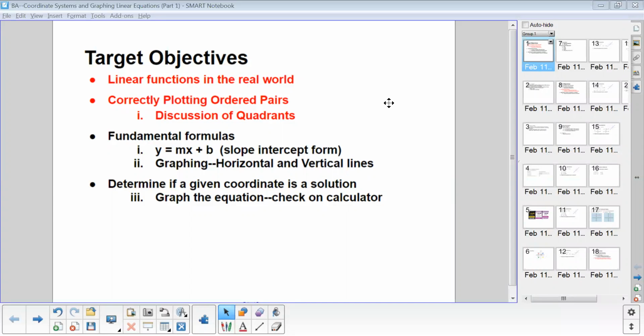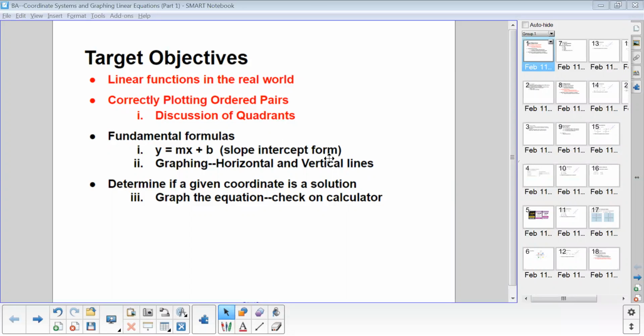This next unit of study, we will look at slope-intercept form, standard form, point slope form. We'll look at so much involving linear functions. And we'll start today with just looking at, well, how do you plot an ordered pair correctly? What are the quadrants?